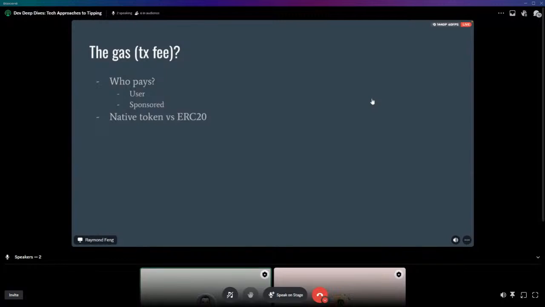So the ERC-4337 paymaster actually abstracts away that responsibility and introduces the flexibility so that you can have different ways to cover the gas fee. Paying the gas fee on every single transaction, and requiring the user to have the gas tokens, is quite annoying, right?